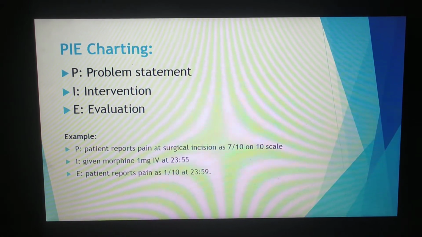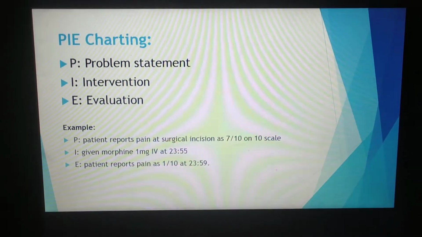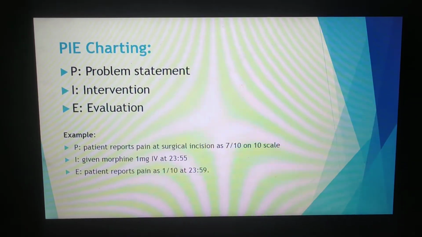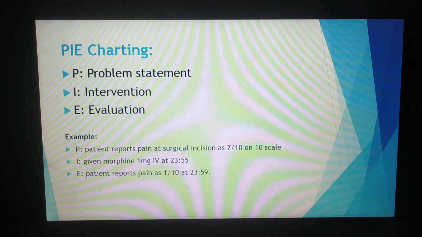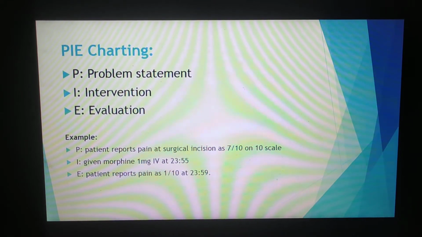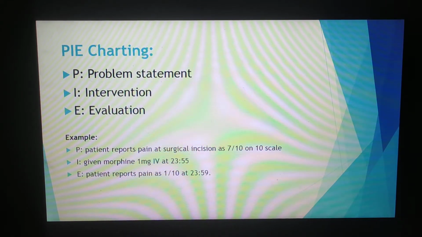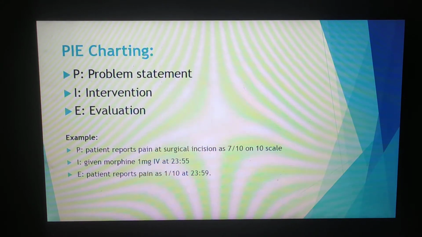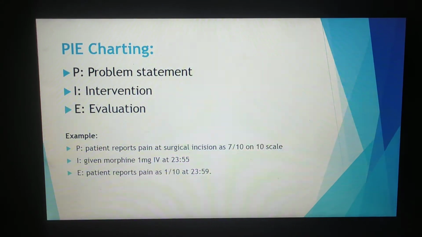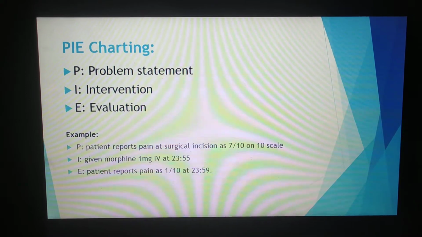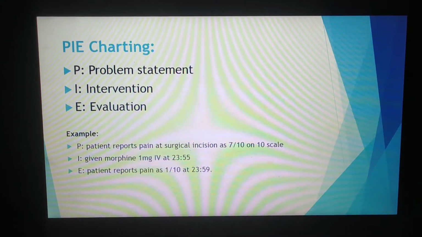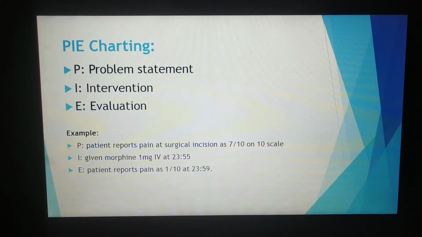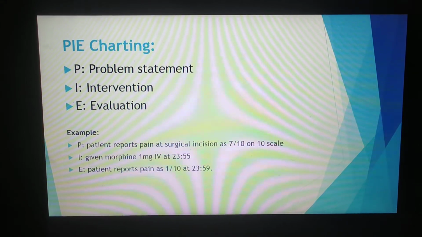Next one is PIE charting. PIE is described as: P is problem statement, I is intervention, and E is evaluation. For example, the patient reports pain at the surgical incision, with pain assessment of 7 out of 10 on the pain assessment scale.